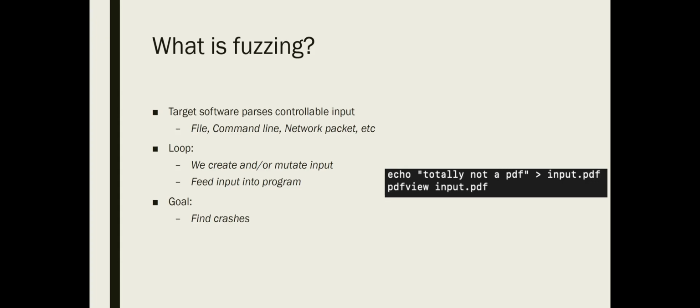Maybe in the case of a PDF viewer, there's a header in the PDF structure that, based on its value, the target may arbitrarily dereference a user-provided value in the PDF, which means we can cause crashes by providing invalid pointer values there that it'll dereference. The main point is we keep looping the parsing functionality in the target with new inputs until we find an input that crashes the target. That's a very basic overview of what fuzzing is, but you get the idea.